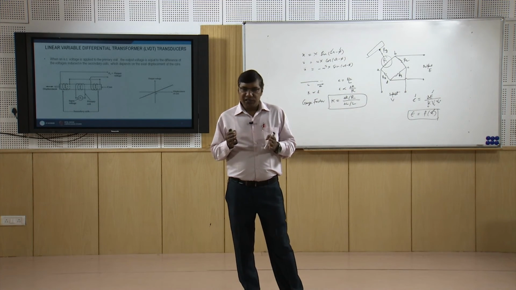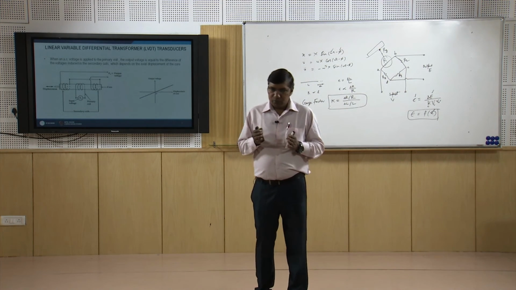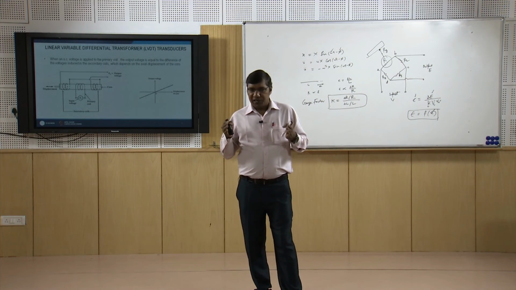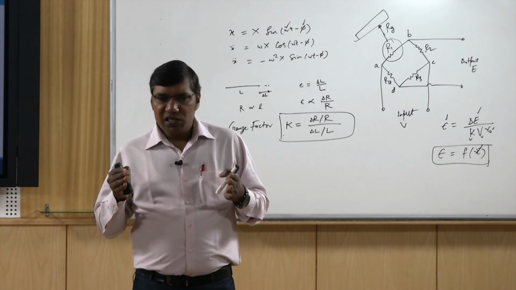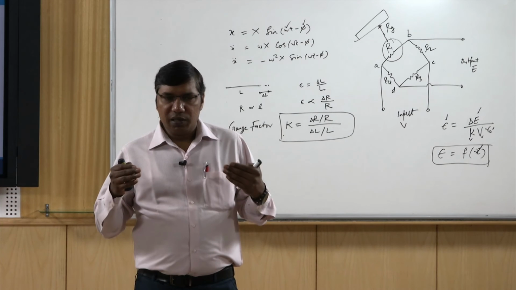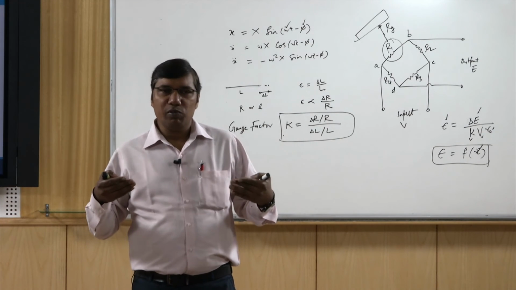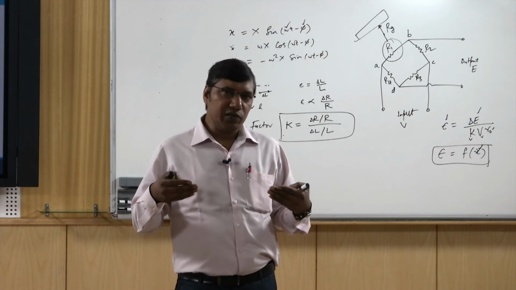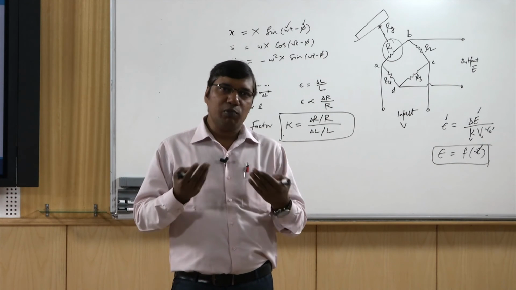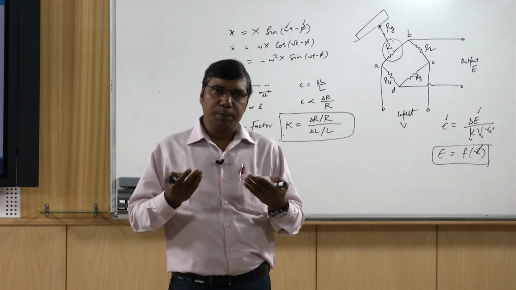This magnetic core is such that if it is in the middle of the two secondary coils, there is cancellation of the voltage, because there are equal and opposite voltages in both secondary coils. So they cancel and produce zero voltage.